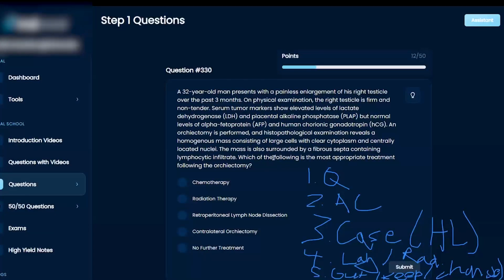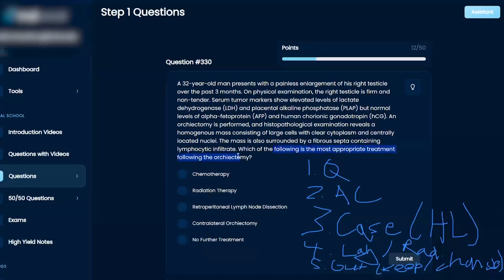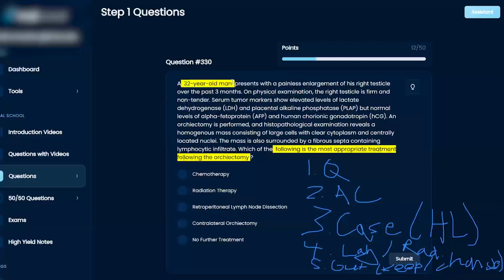Which of the following is the most appropriate treatment following orchiectomy? There's chemotherapy, radiation, hospital, further treatment. Okay. So a 32-year-old man presents with a painless enlargement of his right testicle over the past 3 months. On physical examination, the right testicle is firm and non-tender.